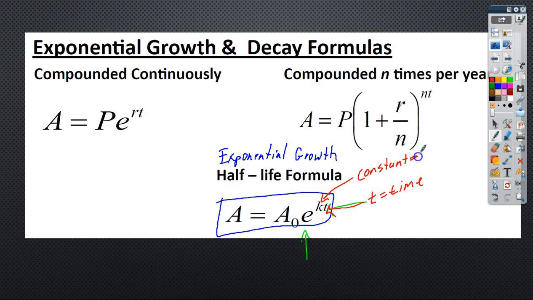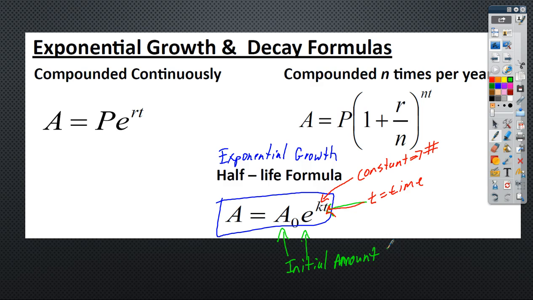What does a constant mean? That means it is a number. It's usually a number we don't know and we have to find out. And last but not least, A sub O is our initial amount. Okay, initial amount.